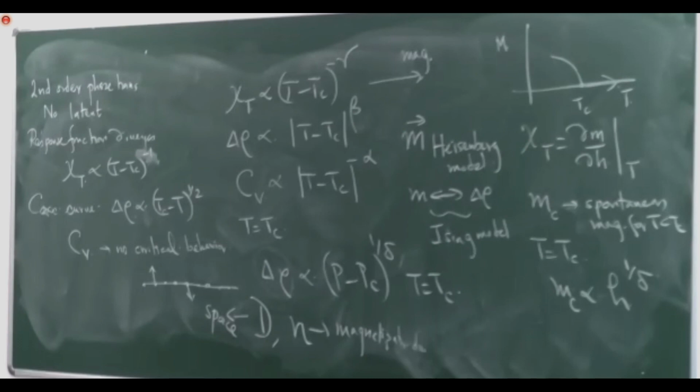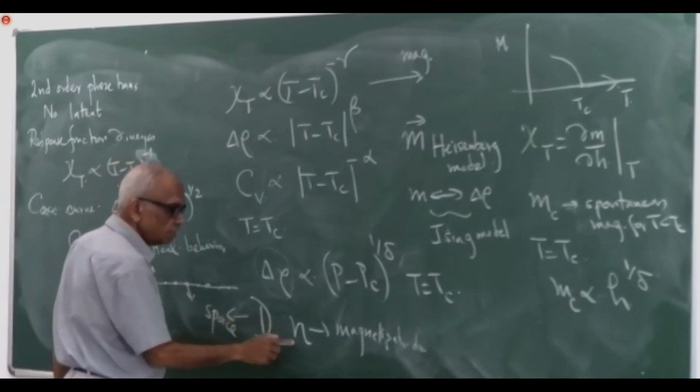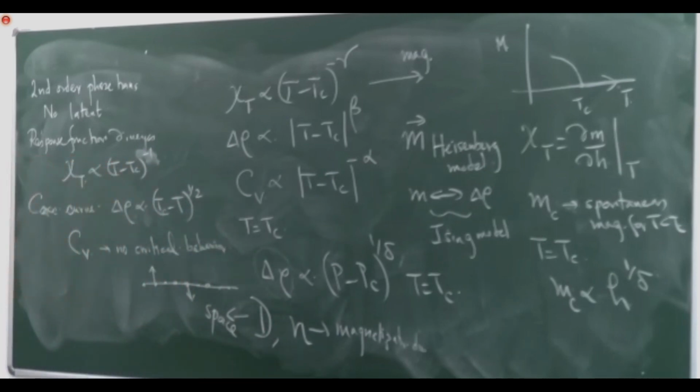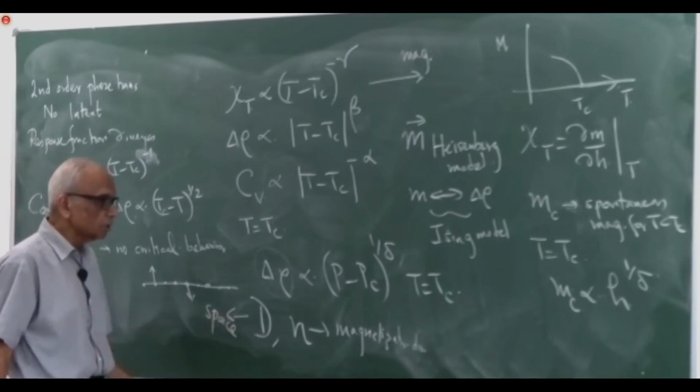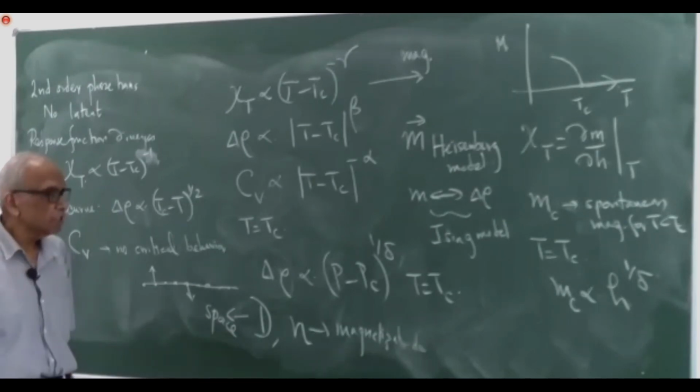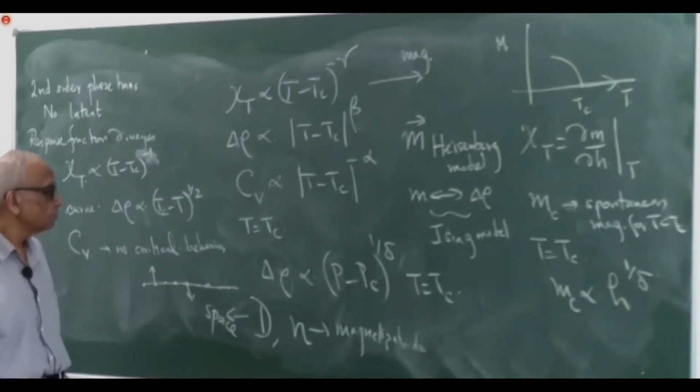One has to understand that universal does not mean that everything is the same. No, but if D and N are both the same, then the critical behavior is going to be the same. That's one thing which you have to keep in mind.